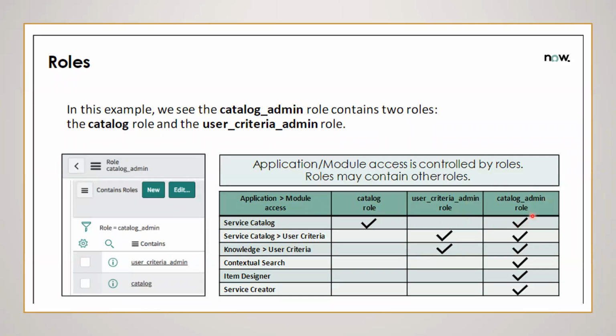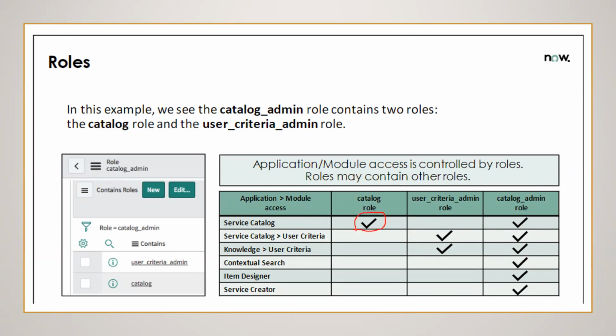But a catalog admin role can see what the catalog role can see, what this user can see, plus they have their own three different roles. Can you notice it?